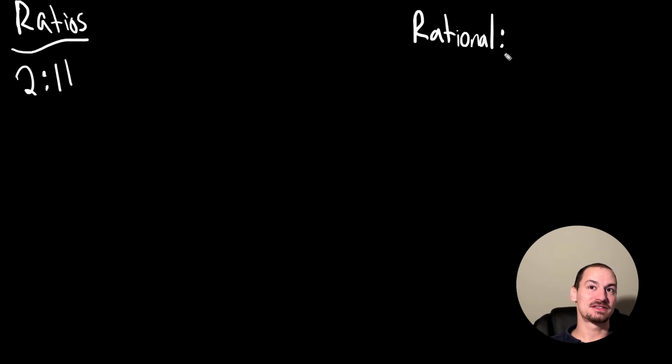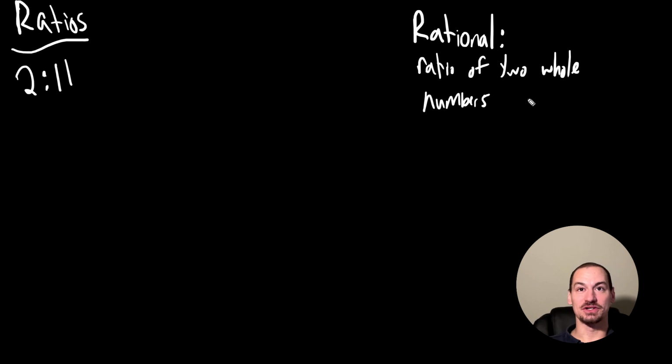Of course, you know that a ratio always has two parts like this, but maybe something you didn't recognize is that a rational number is a ratio of two whole numbers. It's usually written like a fraction.